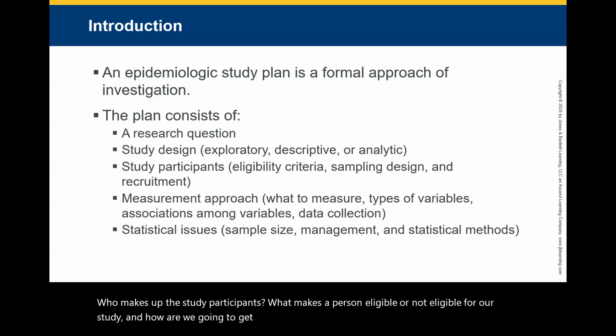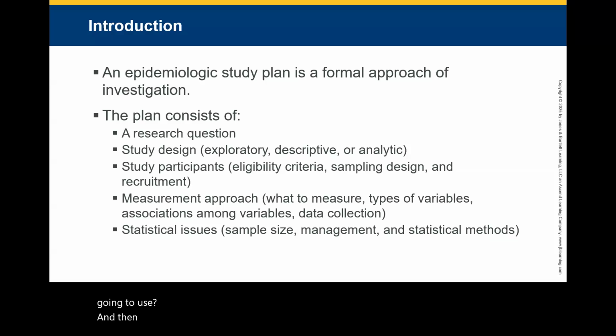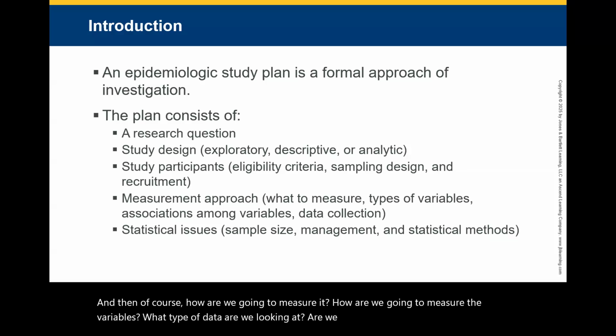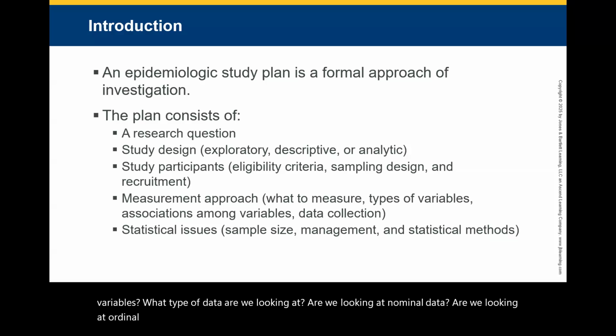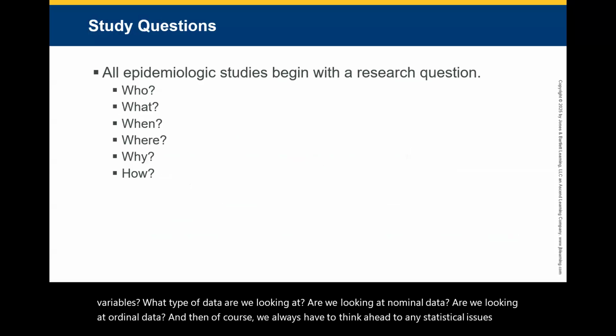What type of sampling design are we going to use? And then, of course, how are we going to measure the variables? What type of data are we looking at? Are we looking at nominal data? Are we looking at ordinal data? And then, of course, we always have to think ahead to any statistical issues that might present themselves.